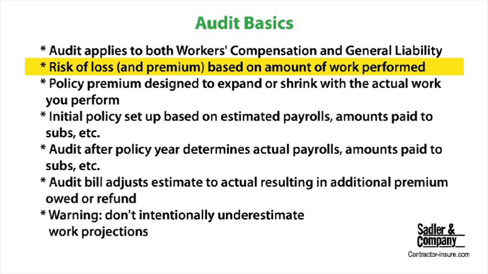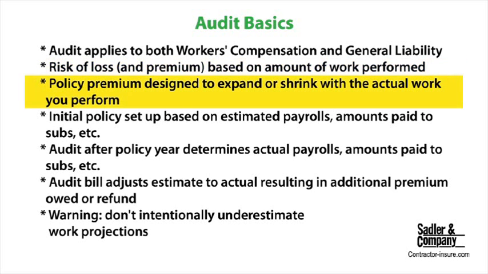The insurance industry figured out that the best way to account for the risk of claims and the corresponding need to collect premium is to tie them both to payrolls paid to employees and amounts paid to uninsured subs. In addition to these factors, the general liability policy also tracks amounts paid to insured subs, as well as the number of rental dwellings and acreage of vacant land and real estate development property.